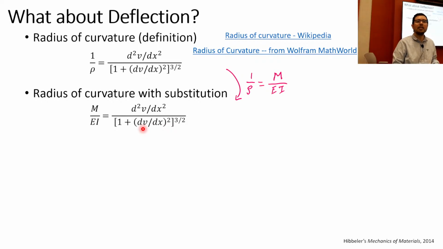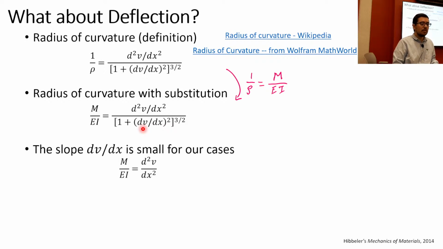What does that mean? If I take a small thing and I square it, it's even smaller. And so we cross this term out of the equation, and we're left with 1 plus 0, and that's nice. So then we only have to worry about the numerator.